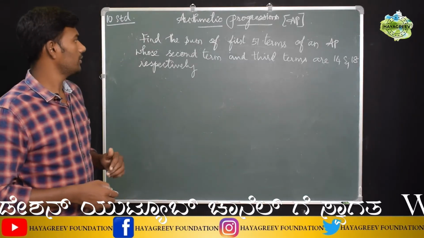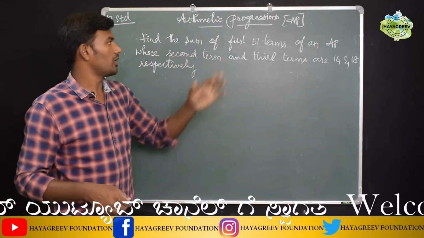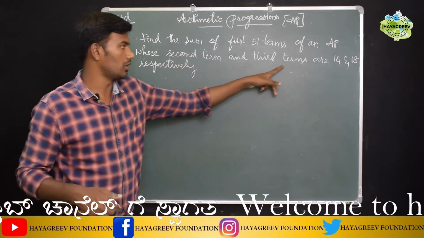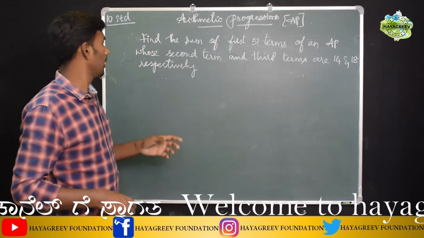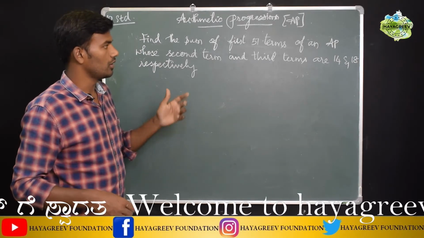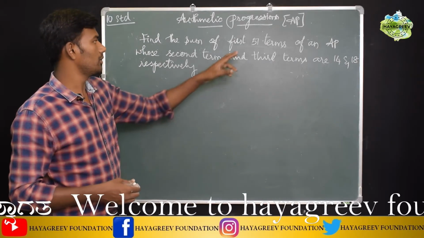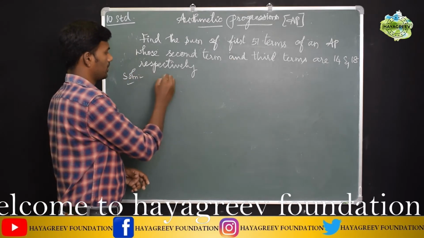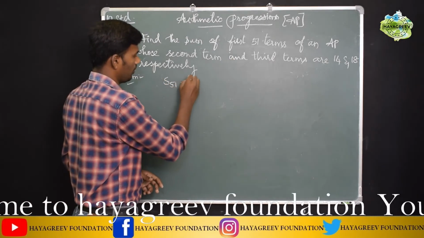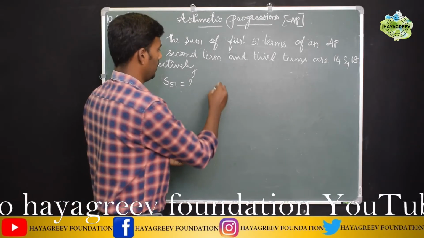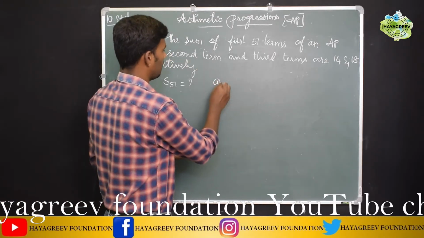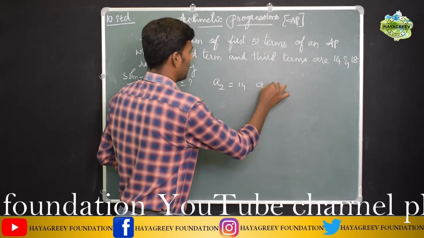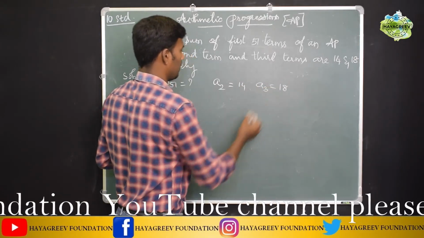So the next question is: find the sum of the first 51 terms of an AP whose second term and third term are 14 and 18 respectively. So we have to find the sum of the first 51 terms, that is S51. What is given is the second term A2 is equal to 14 and A3 is equal to 18.